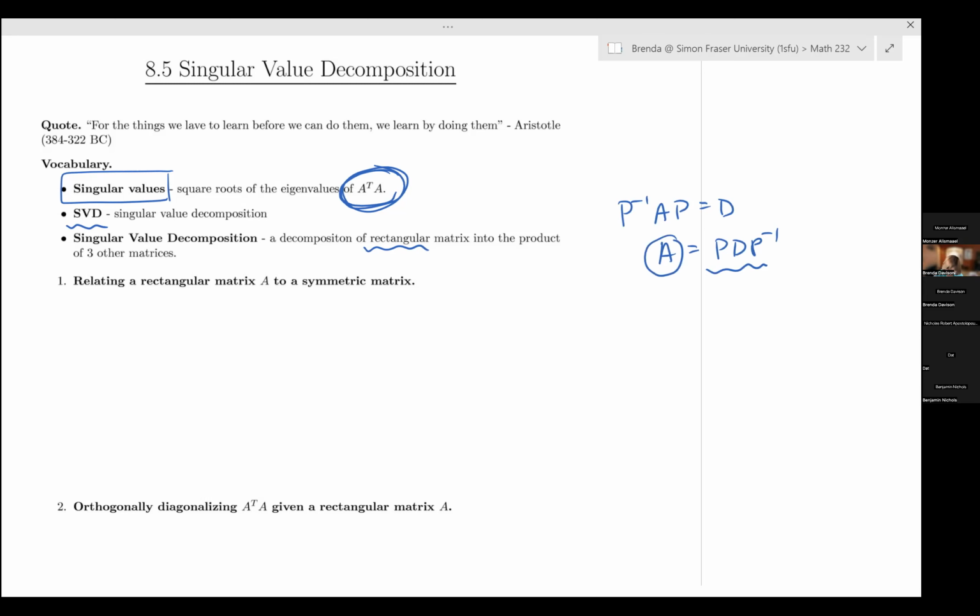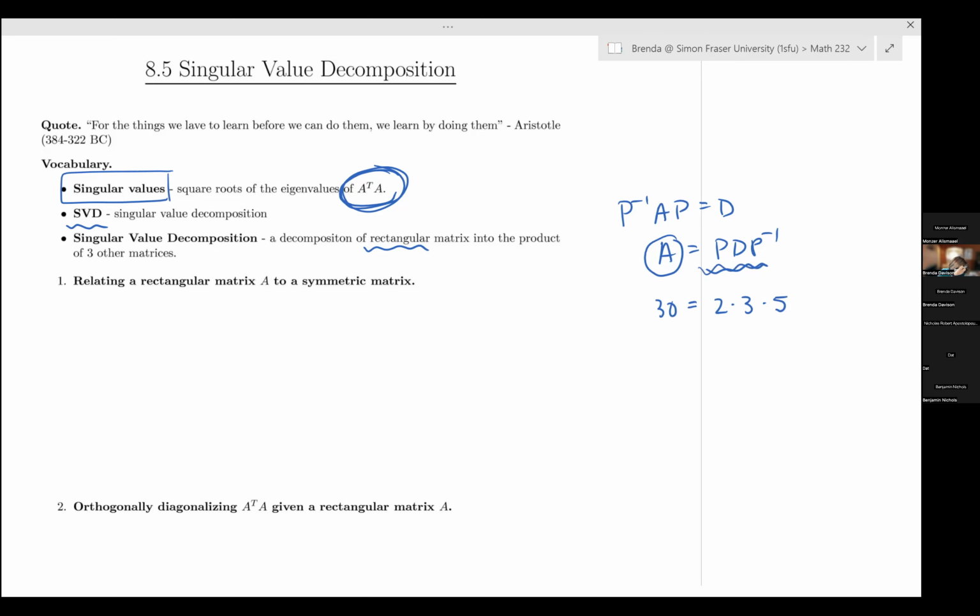It's factoring A into three other things. For example, 30 is 2 times 3 times 5. That's a decomposition of 30 into three factors. It's the same idea: decomposition of a matrix into three factors.